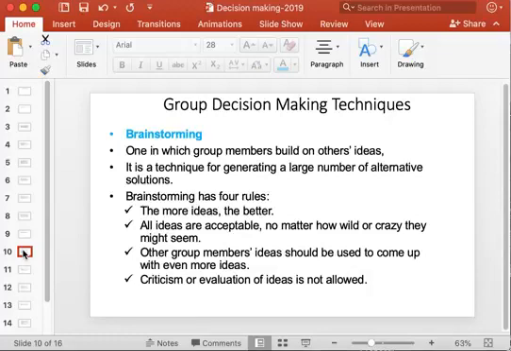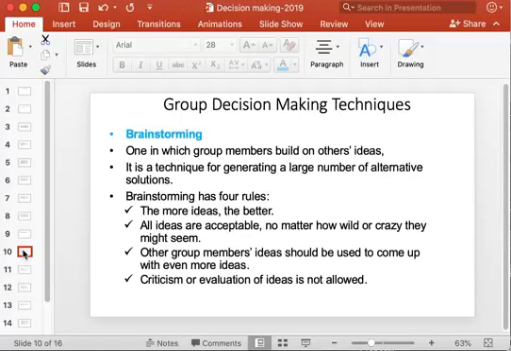So that is why in the first bullet point you saw or heard that the brainstorming technique is one in which group members can build on others' ideas.